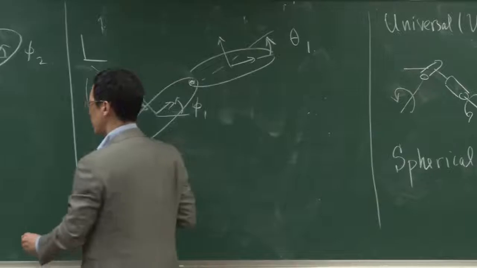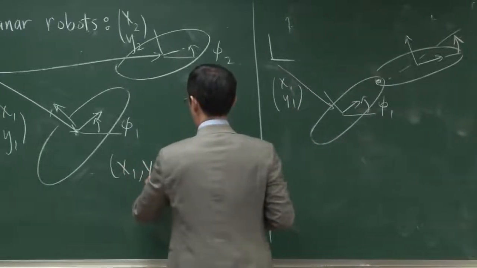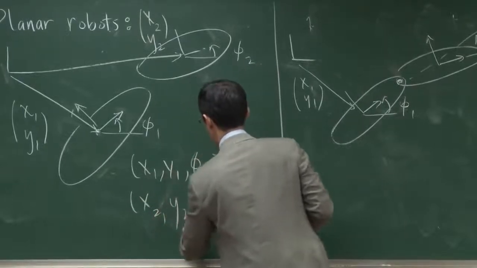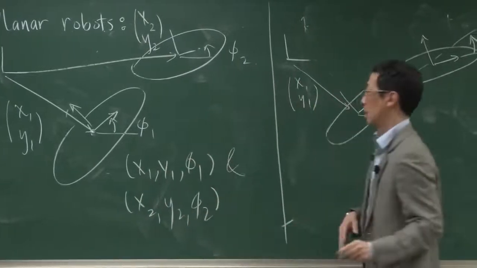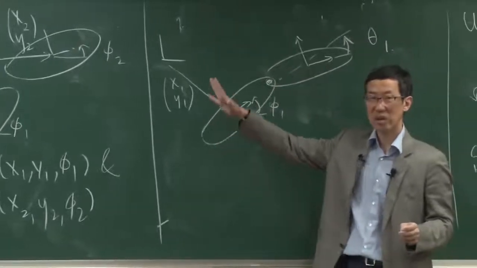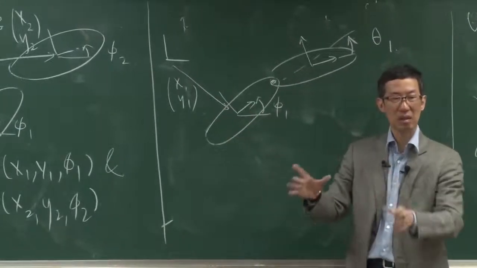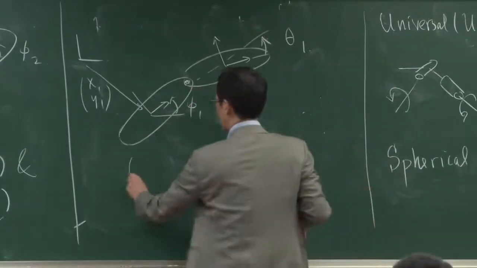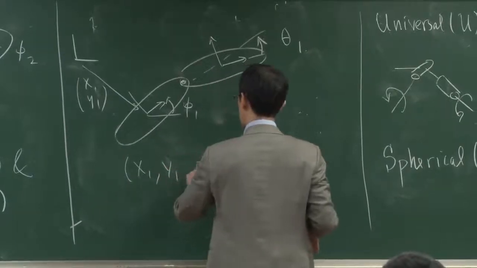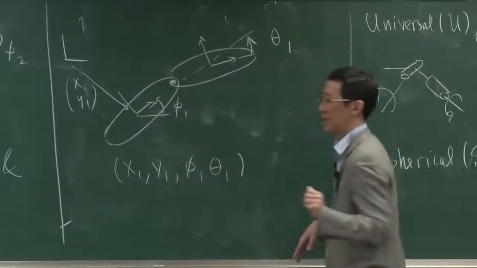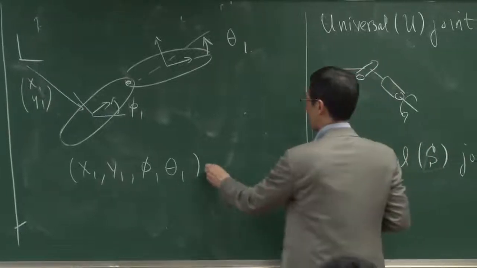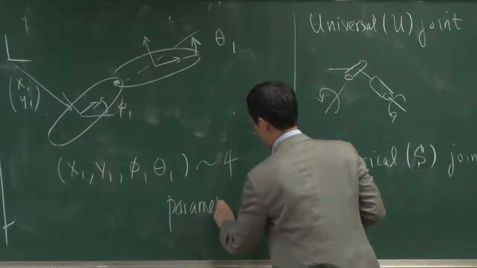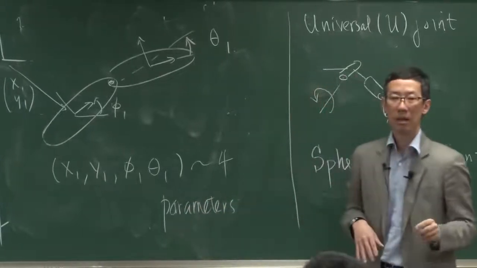Here we needed all this information to describe the position and orientation of the two independent links. Here, if they're connected by a joint, we only need x1, y1, phi1, theta 1. So we need only 4 parameters here.